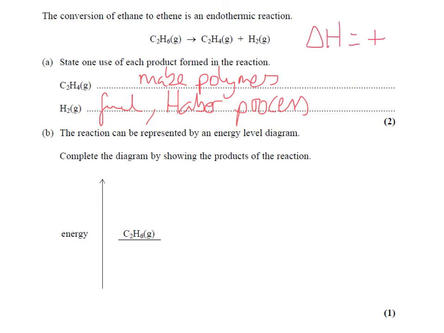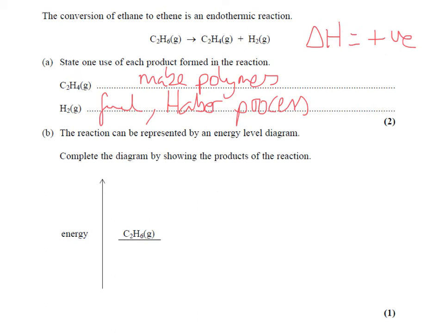endothermic reaction is positive. So in other words, the products will have a higher energy than the reactants. So if we're showing this on an energy profile diagram, we've got our reactants down here, and the amount of energy in the system is going to increase.